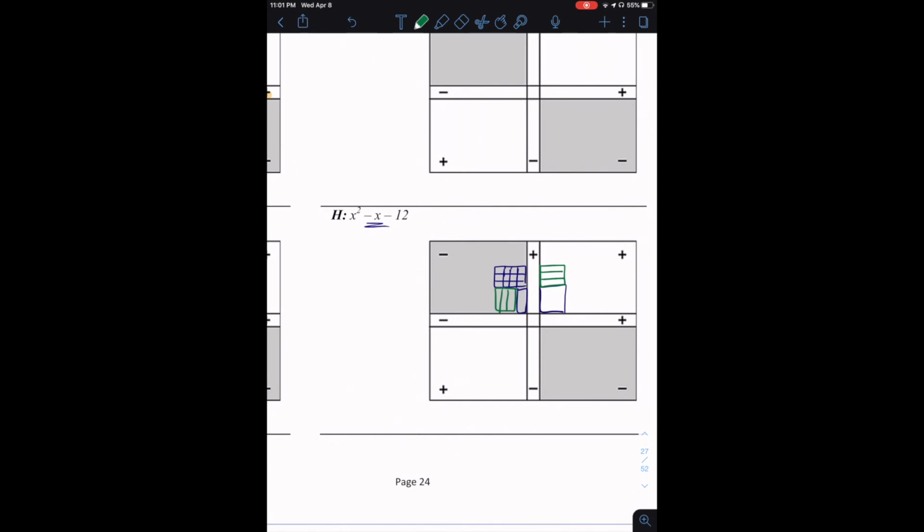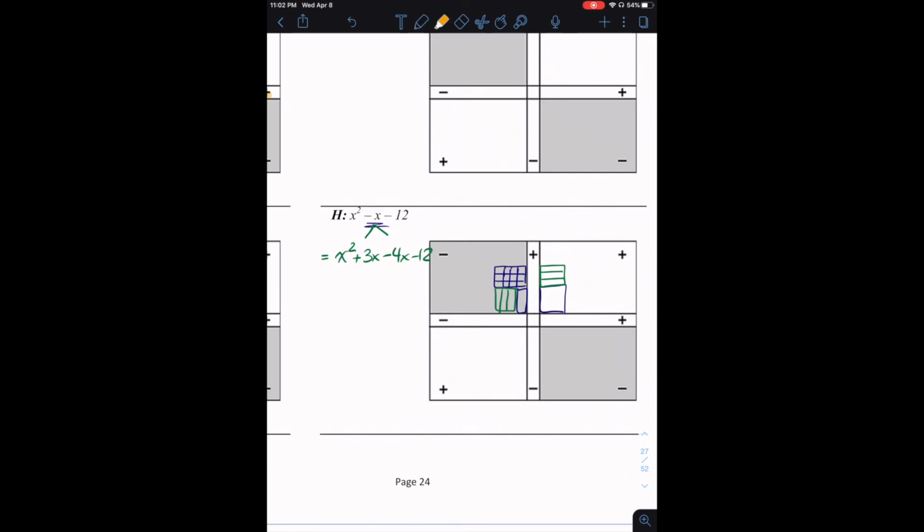So what we actually are modeling here is x squared plus 3x minus 4x minus 12. So we've split this up into this negative x into 3x minus 4x by using zero pairs.